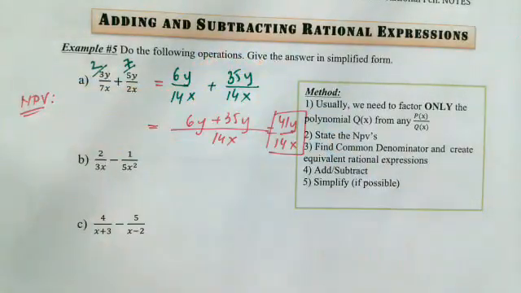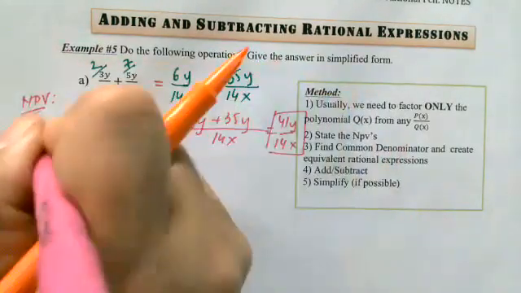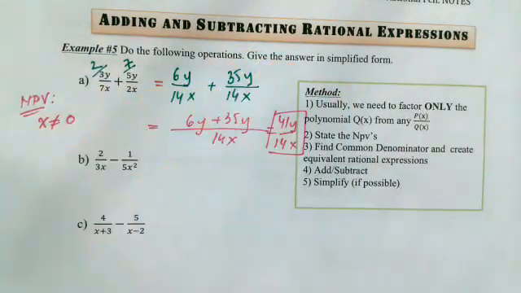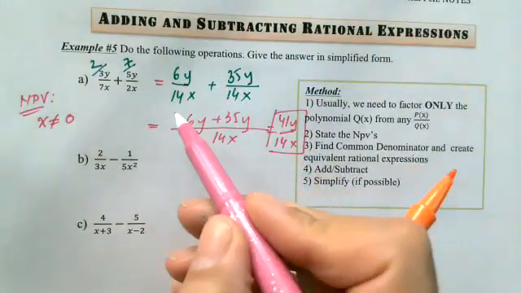NPV always for rational expressions: from 7x and 2x, both of them are just with x's in them, so x cannot be 0. Now, I like to do my work when I show addition or subtraction of fractions.